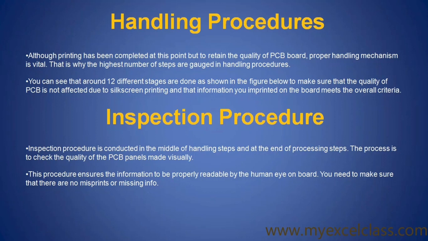You need to make sure that there is no misprint or missing information. So you verify and test your PCB board after this process, to check whether the print is properly right or not.